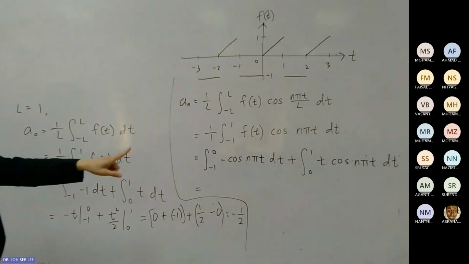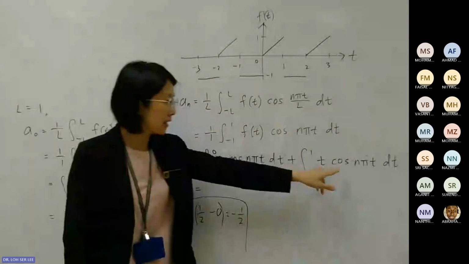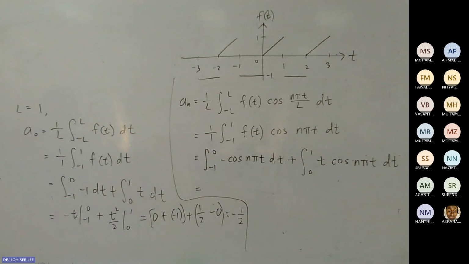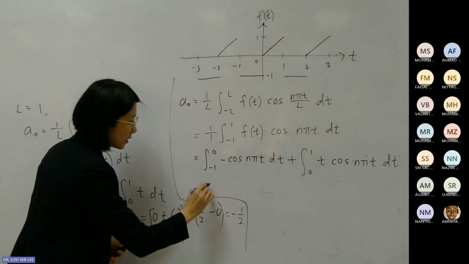For the first term, you just integrate directly, but for the second term, t cos n pi t, you have to use calculus. Integrate cos, factorize the negative first.